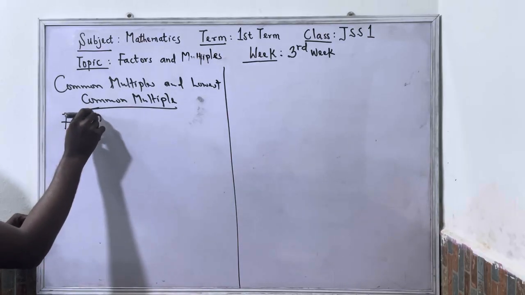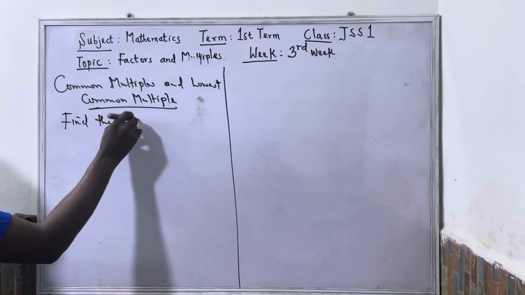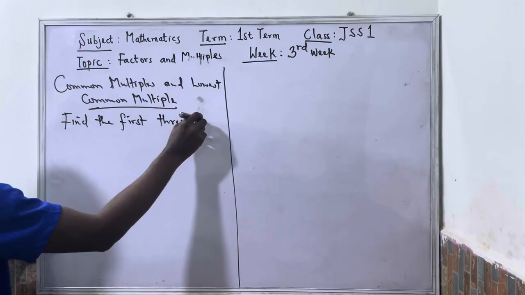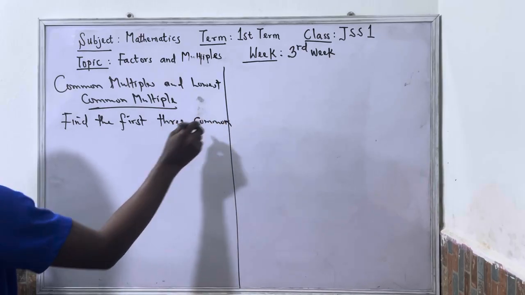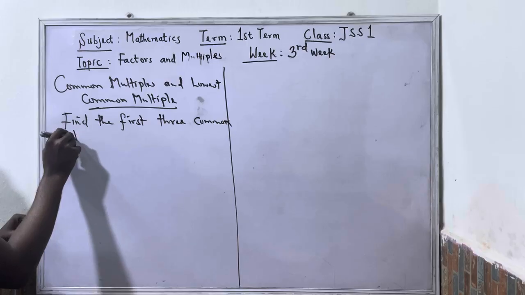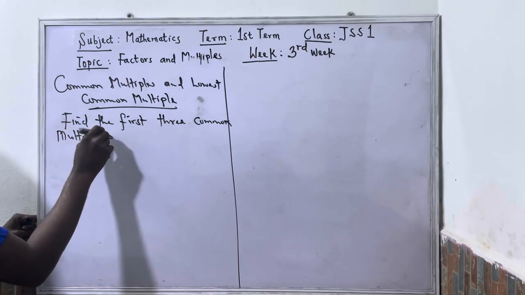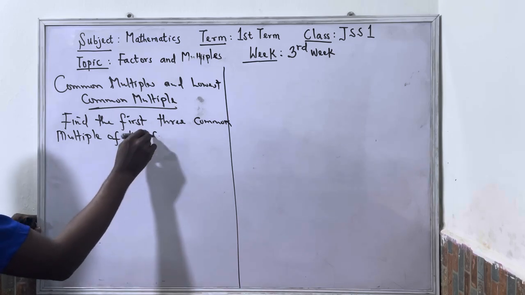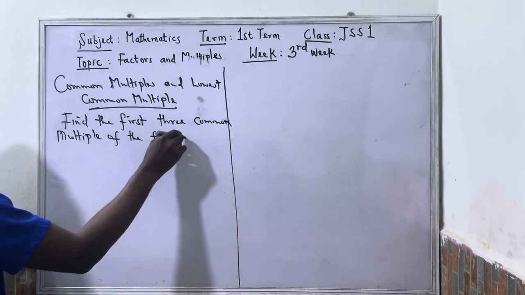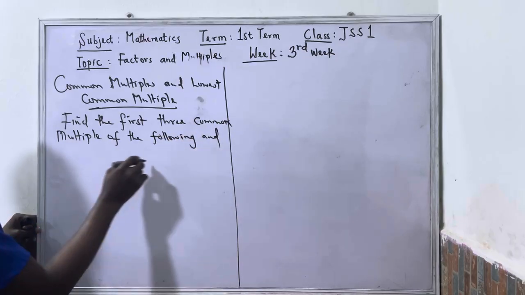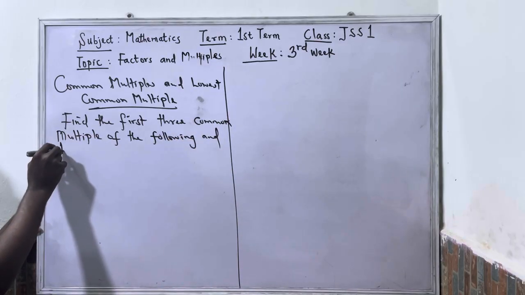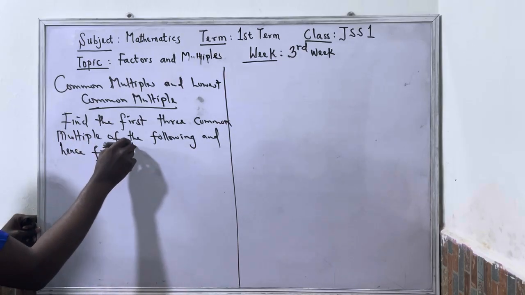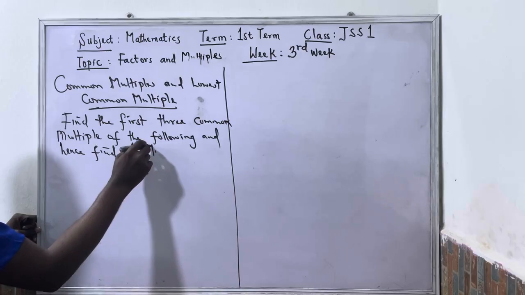Question can say find the first 3 common multiples of the following, and hence find the LCM.